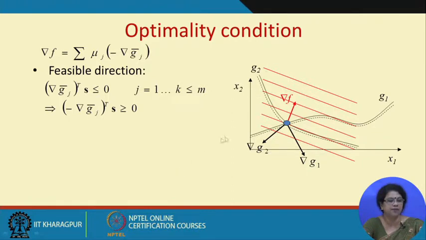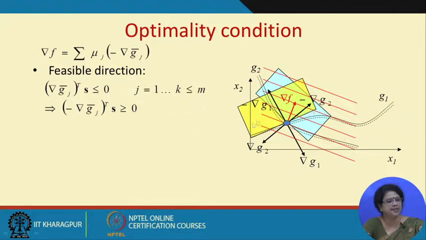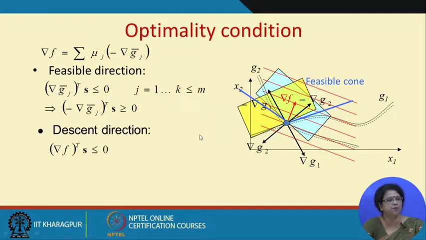in the negative direction of grad G1. This is the half space over minus grad G1. Similarly, we can have another half space over minus grad G2, okay. And if we consider the cone that is spanned by minus grad G1 and minus grad G2, in this direction we can say that this is the feasible cone.